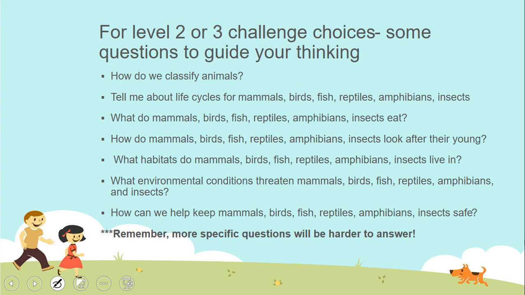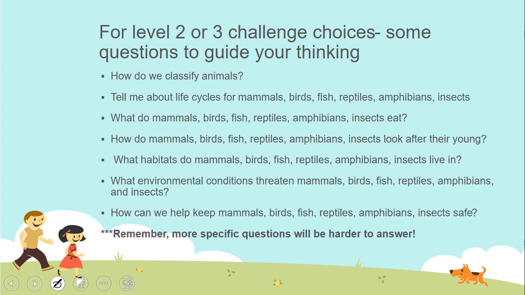So if you choose to do level 2 or 3, okay, some of the things that you can think about for your questions is that you can use mine to help you, but you can ask questions about how we classify animals, okay? You can ask about specific life cycles. You can ask about specific diets. You can ask how different animals look after their young.